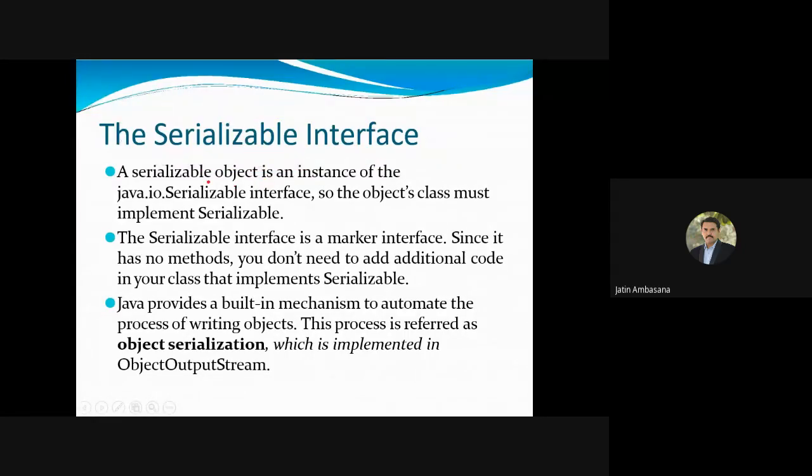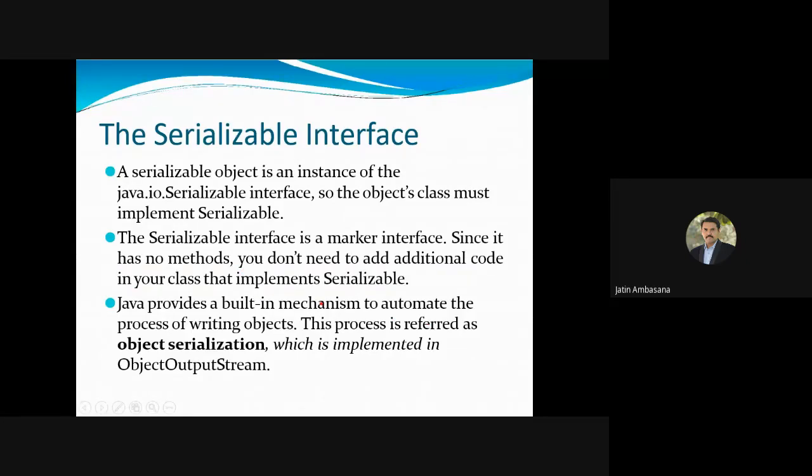Okay. So a serializable object is an instance of the serializable interface, so the object's class must implement the serializable interface. And this is nothing but a marker interface. You just mark the class to be serializable. That's it. You don't implement any method. Since it has no methods, you don't need to add additional code in the class that implements serializable.